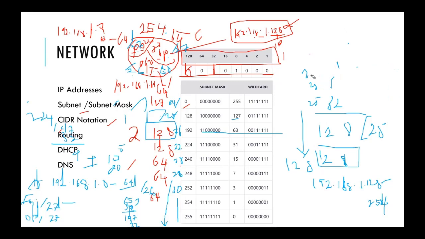And the way that works is, I have a class C IP address that gives me 255, or let me be consistent and say 254, say on 1.0. I have another 254 on 2.0, right?